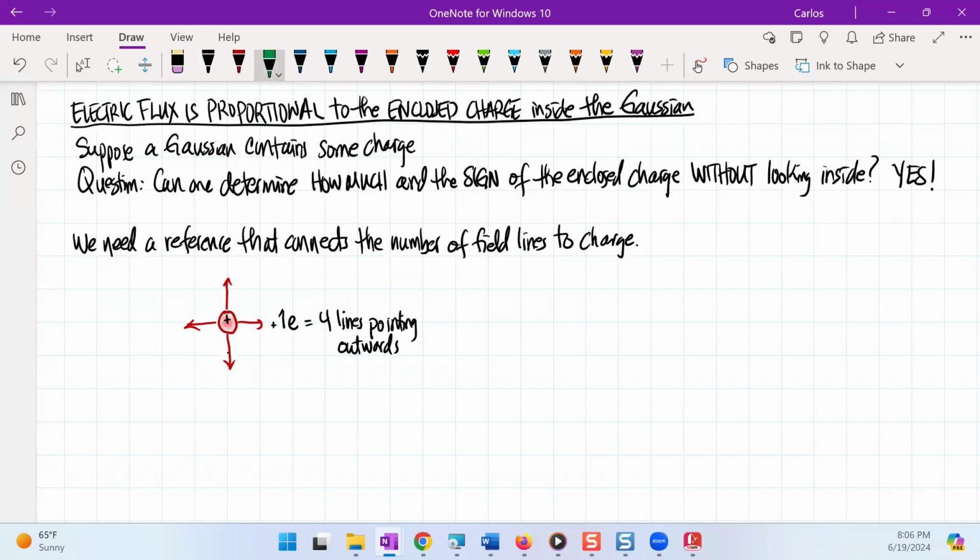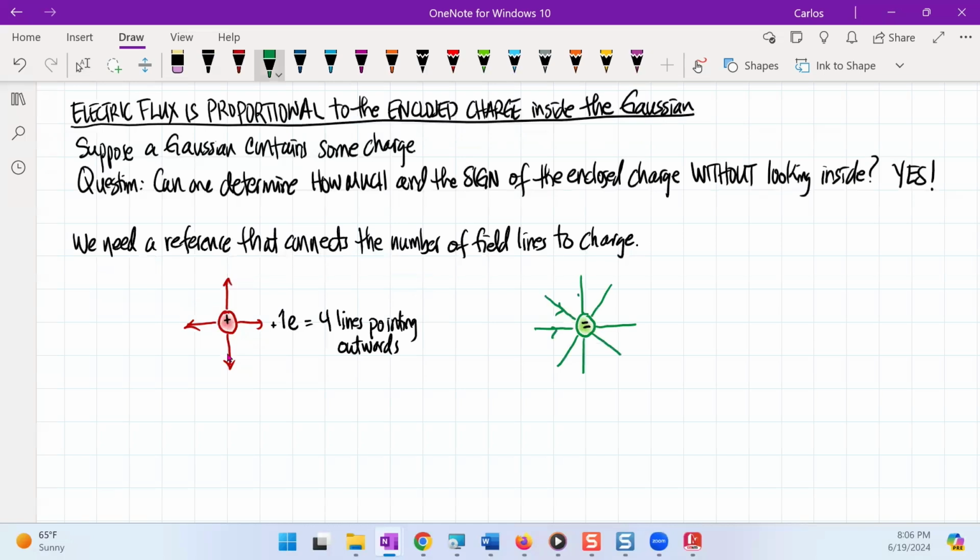By the same idea here, imagine that I have a negative charge. And in this negative charge, we're going to say that it has 2 negative charges. So in this situation, instead of 4 lines, we need 8 lines.